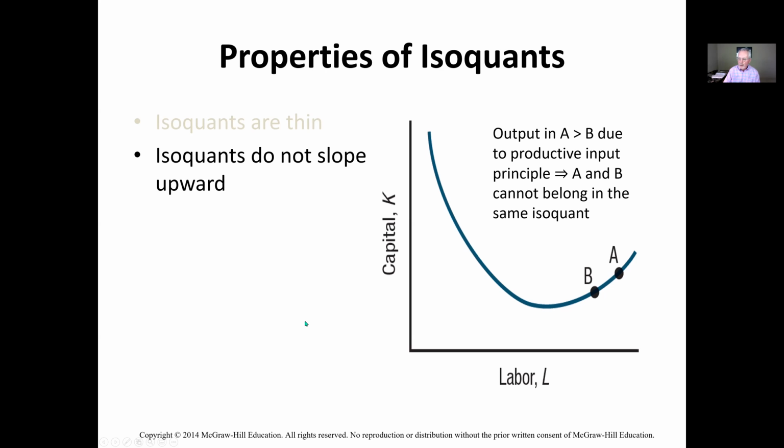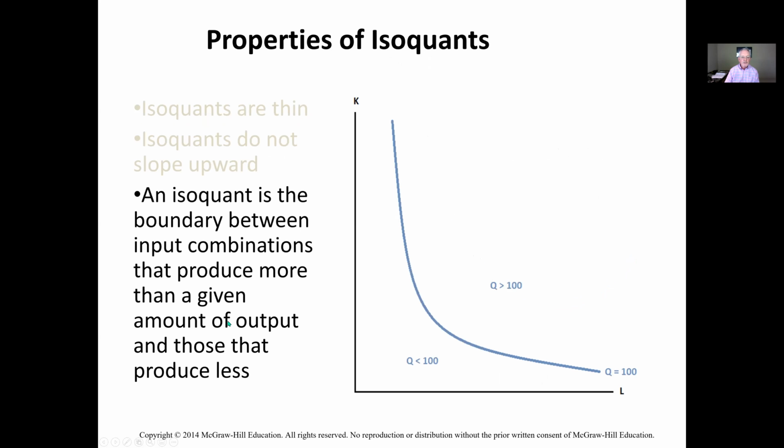So we have to add more of the other input whose marginal product is positive in order to keep output constant, or move along the isoquant. So again, if ever an isoquant were to slope upward, suggesting a negative marginal product of an input, we would consider that to be an uneconomic region, and therefore we would disregard those input combinations as an economic possibility.